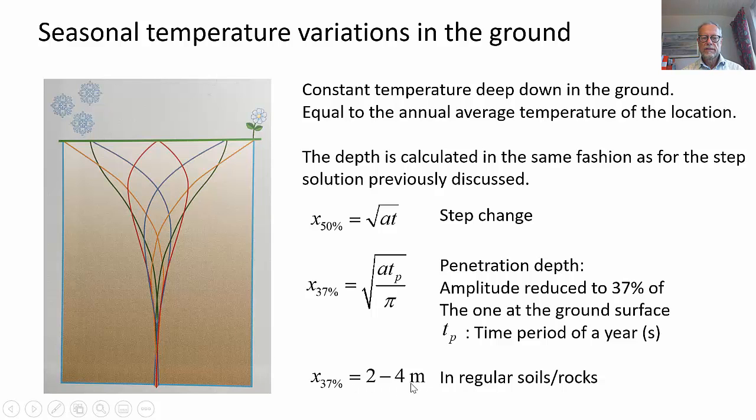For regular soils, it's 2 to 4 meters, and we have this formula for x 37%. It's thermal diffusivity times the time period, and for these seasonal variations the time period is 1 year, divided by pi, and take the square root of that, and we get the penetration depth, the periodic penetration depth for this type of variation.